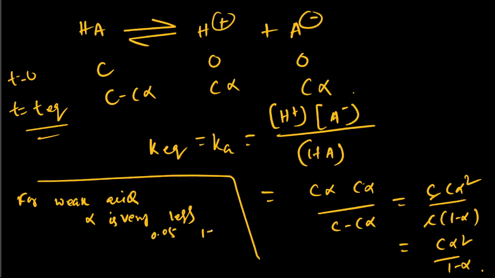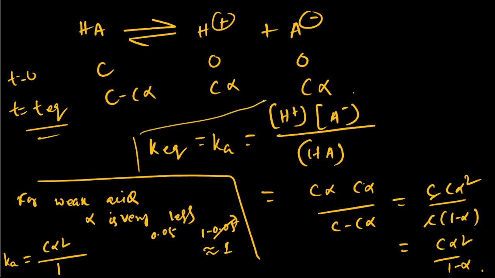So 1 minus 0.05 is nearly equal to 1, so we just neglect this value. Alpha is very, very small, so we can take it as 1. So this is equal to Ka.